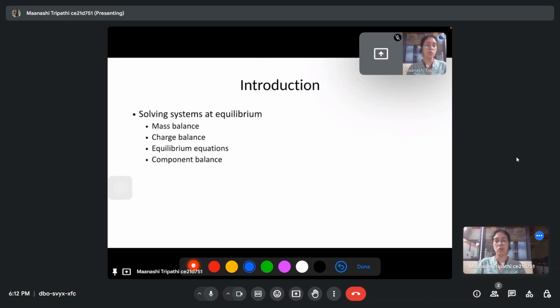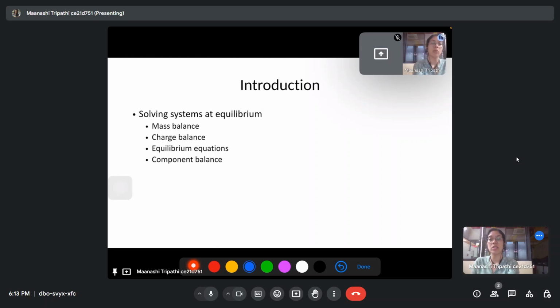For now, for solving systems at equilibrium, we will use various concepts. For solving any system, equations are required depending upon the number of unknowns. If there are one or two unknowns, one or two equations are enough. Depending upon the number of unknowns, the number of equations will increase.